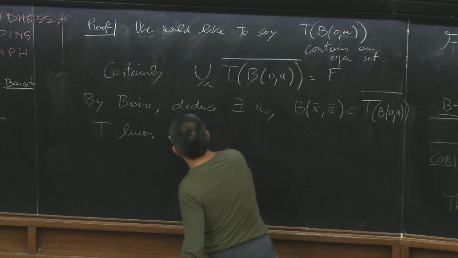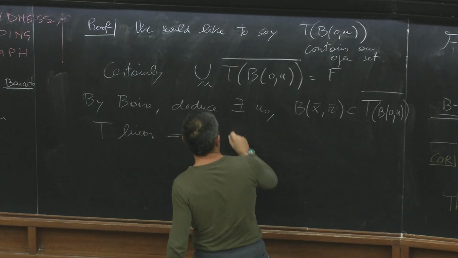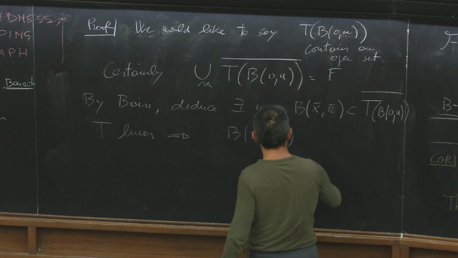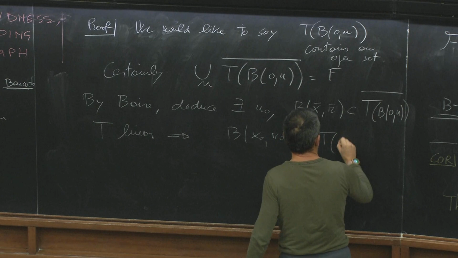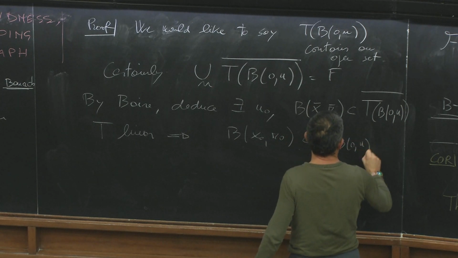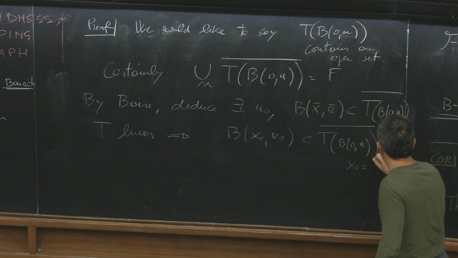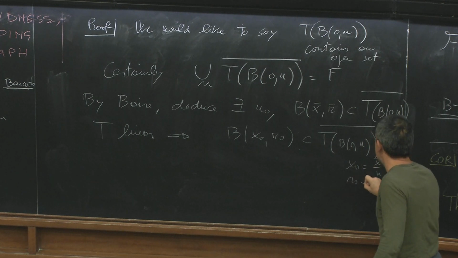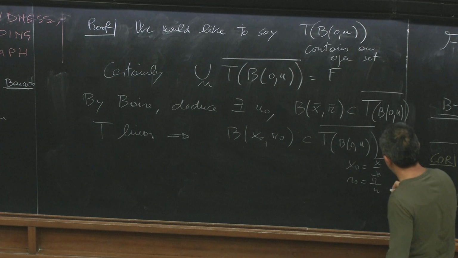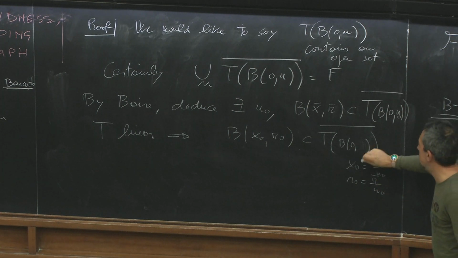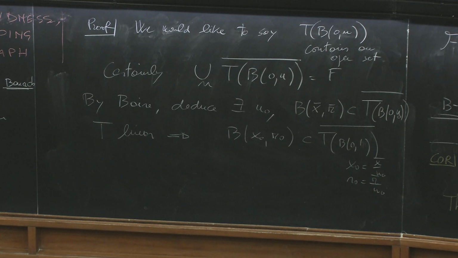So I deduce that B(x0, r0) is contained in the closure of T(B(0, n0)), where x0 is x bar over n0 and r0 is r bar over n0. I divide by n0 by linearity.